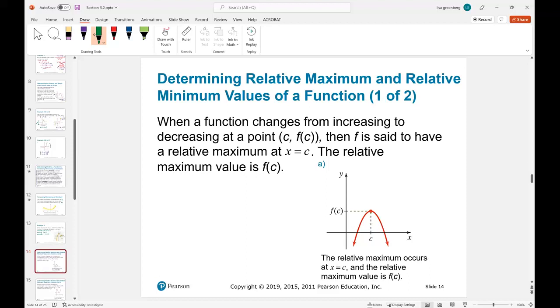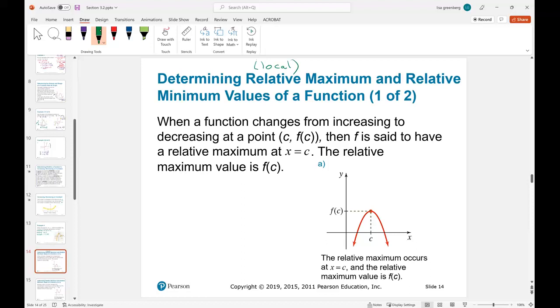So now we're going to talk about maximums and minimums. And when we talk about relative maximums and relative minimums, another word we can use is local. Because we also have something called absolute maximum, okay? So relative, or local, means that we can actually see what's happening before and after we get to the maximum value.